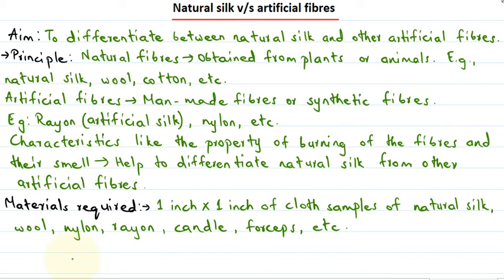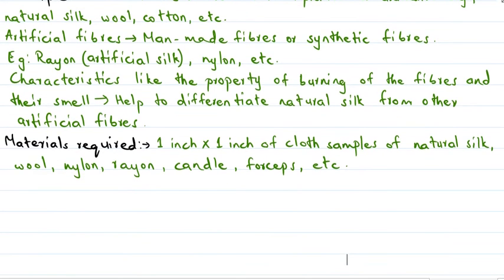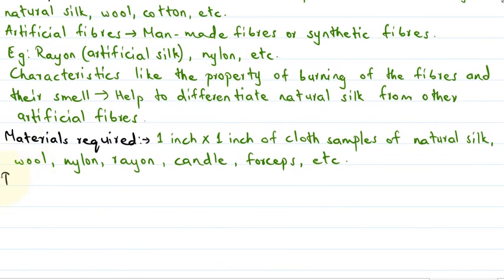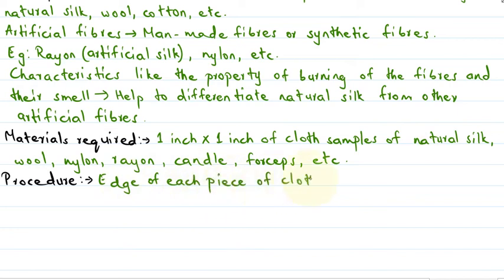Now let's see how we perform this experiment. So let's discuss the procedure. The edge of each piece of cloth sample, we have different cloth samples with us, which is 1 inch cross 1 inch.